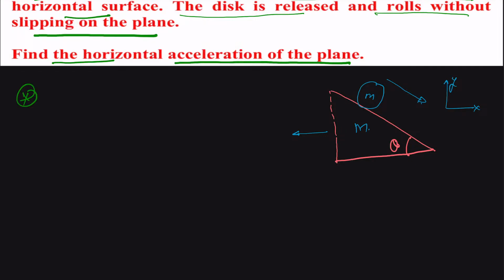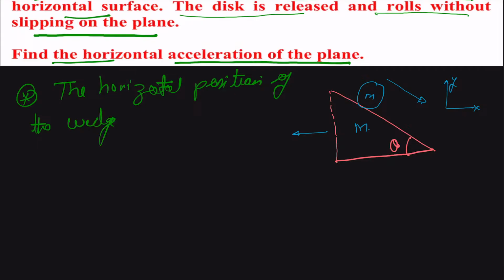So you can say that the horizontal position of the wedge at any time t is given as x of t, and our disk is going to move along the wedge down the inclined plane.